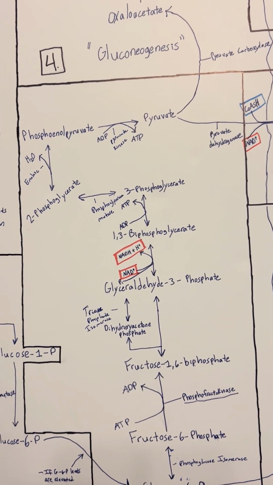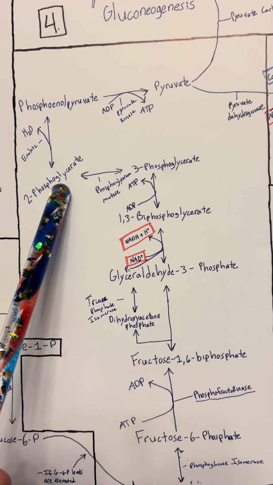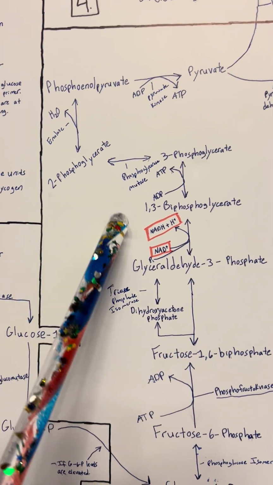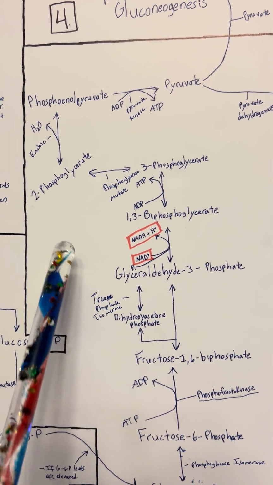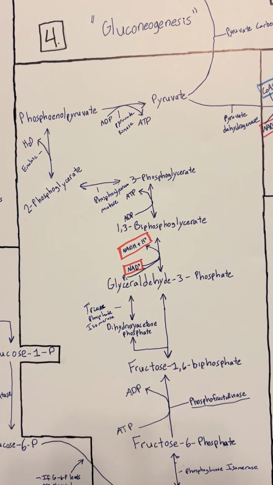Phosphoglycerate mutase rearranges 3-phosphoglycerate into 2-phosphoglycerate. Enolase removes water from 2-phosphoglycerate, forming phosphoenolpyruvate, also known as PEP.